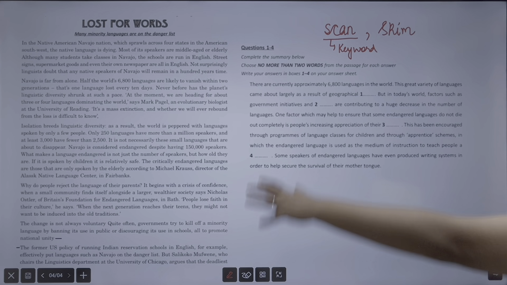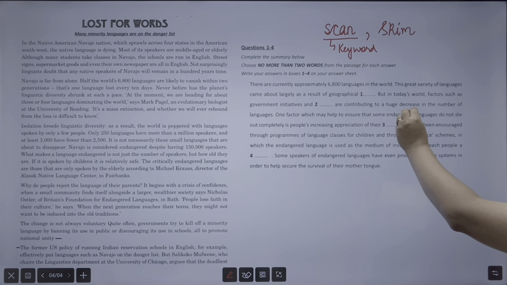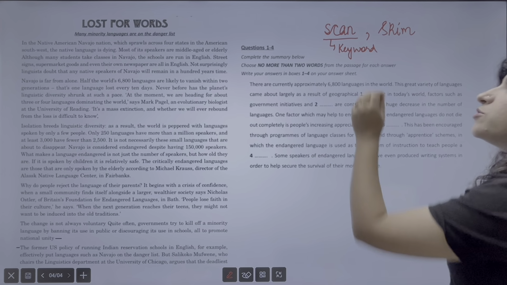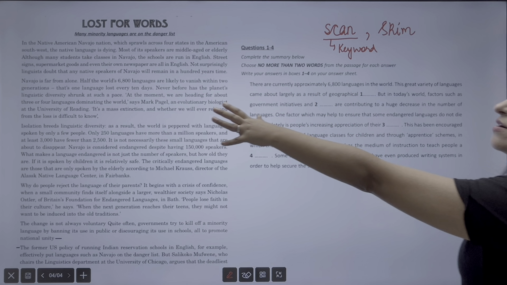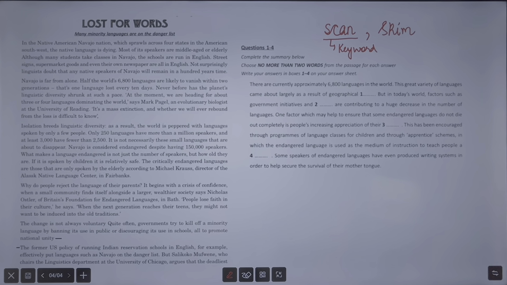So let's say there is a question related to someone's name. So you'll be searching that name in the text. That will become your keyword, right? So keywords definitely help you locate the information in the text. So that is something that you'll be using.